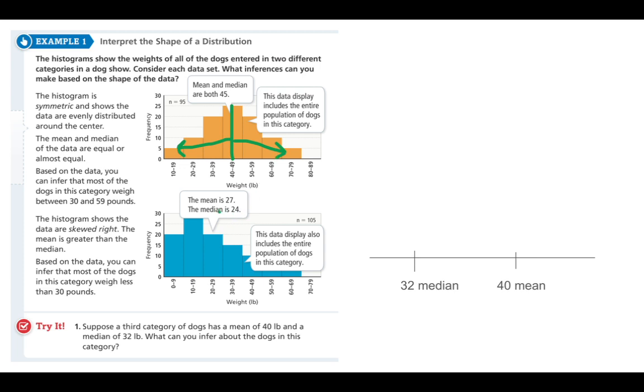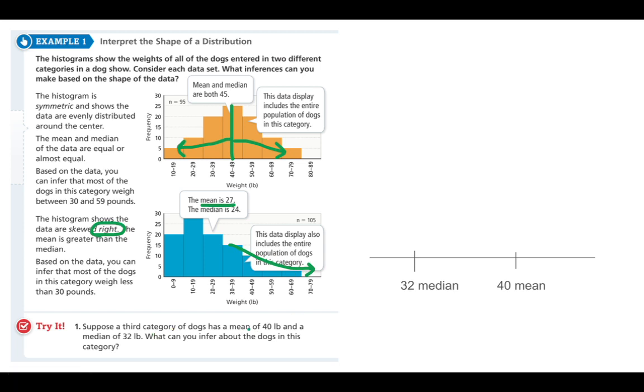In this second group, this is a little different. I noticed that the mean is higher. That means that my tail is on this upper end. So this would be an example of a right skewed graph. What that means is that while most of the dogs are here on the lower end, we do have quite a few that kind of spread out here up on the right side.